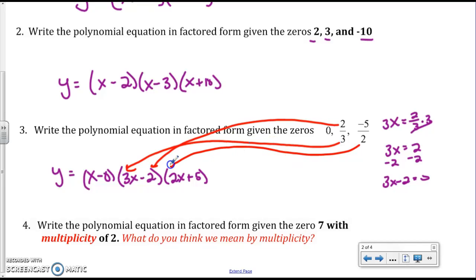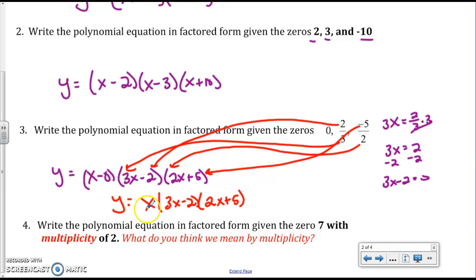And 2 goes in front of my x, and 5 goes there. Okay, that just made it kind of messy. What you'll actually see me write is I don't usually put the 0 in parentheses with that, so on our answer keys especially, you're going to see this instead. This is the same as saying x plus 0 or x minus 0.